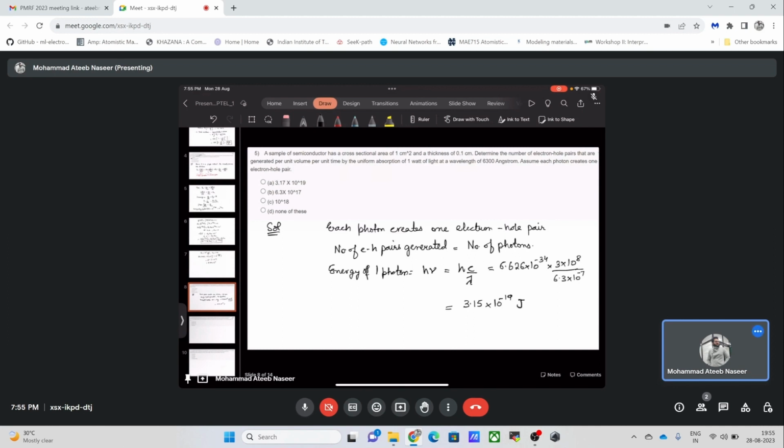But we have been given that the energy applied per second is 1 joule, and power is energy per second.